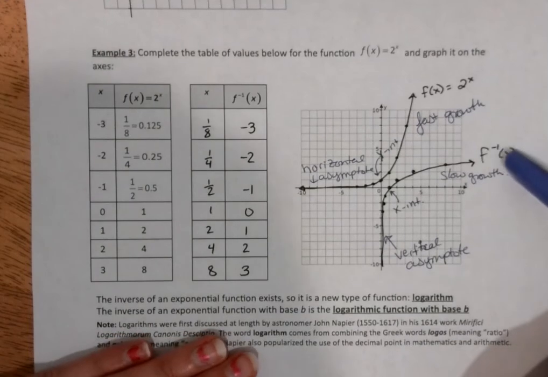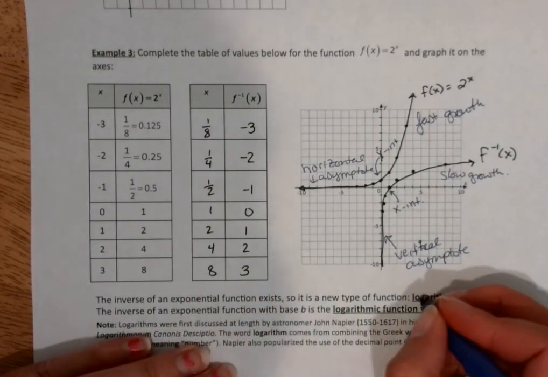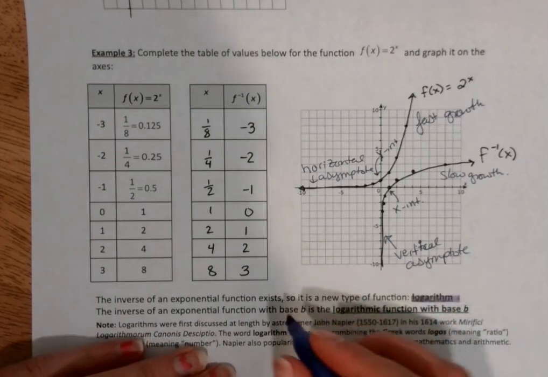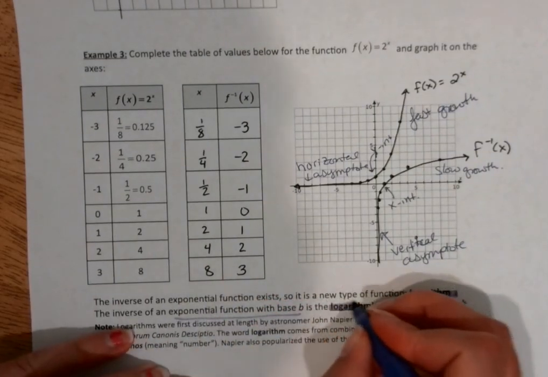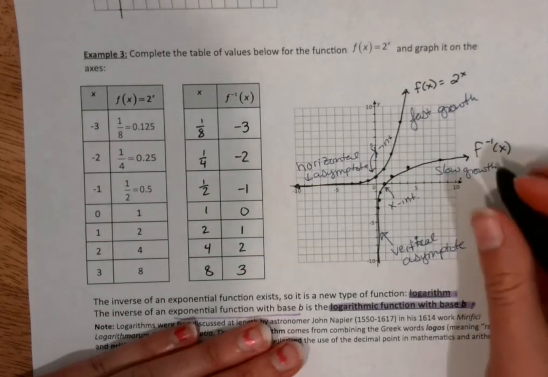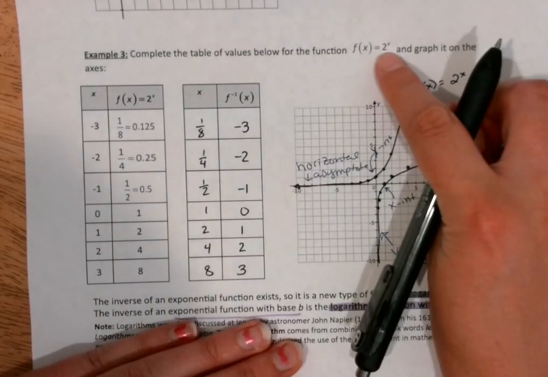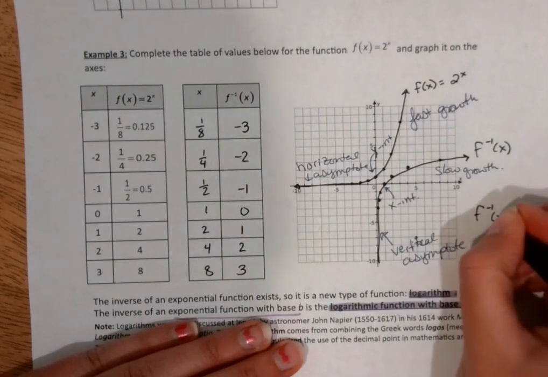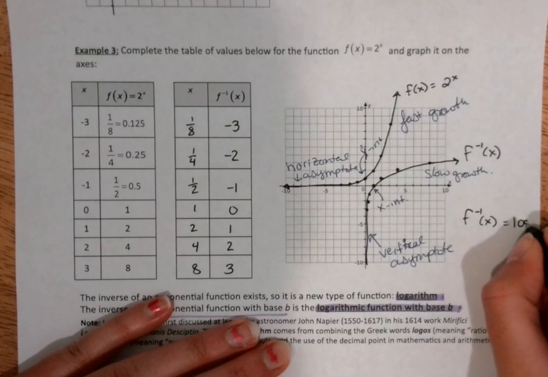Now this function needs a name. The inverse of an exponential is a new type of function. We call it a logarithm, or more specifically, if the exponential function has base b, then we're talking about a logarithm with base b. So we can name this function here. Since this was the exponential function 2 to the x, the inverse function is going to be log base 2 of x.